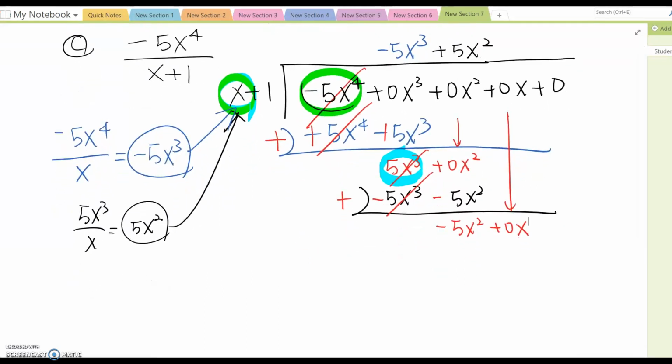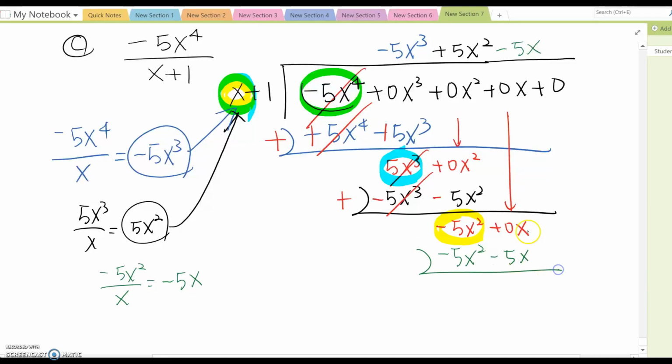Now the leading term here and the leading term of the divisor: negative 5x squared over x becomes negative 5x. So put minus 5x. Then this becomes negative 5x squared minus 5x. Same thing, subtract, which means switch their signs. So this is gone, and it becomes 5x plus 0 again.